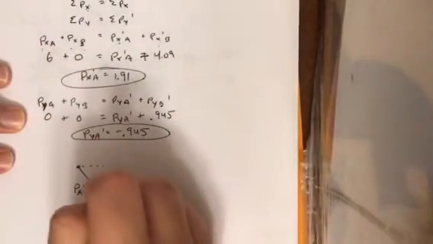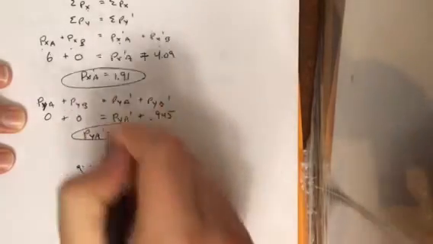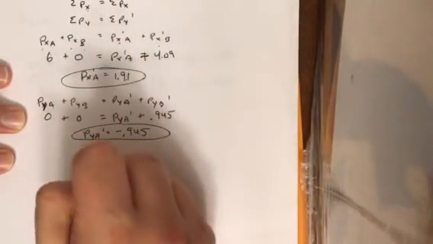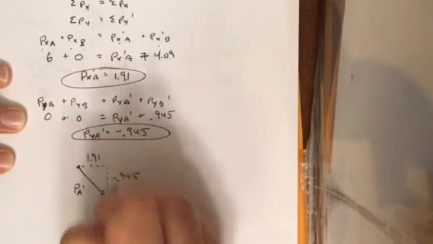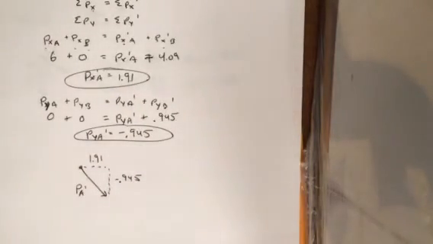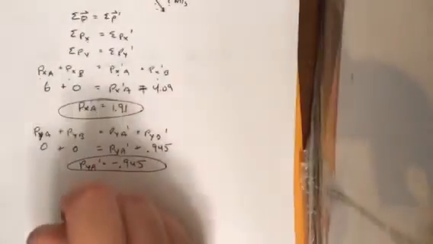So we just found the x and y components of this new momentum, and we know how to deal with that. We want to find a magnitude and a direction.